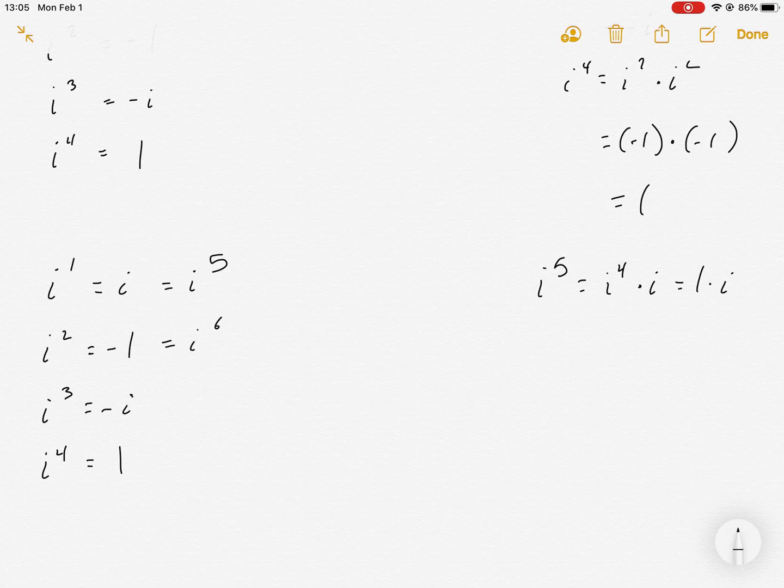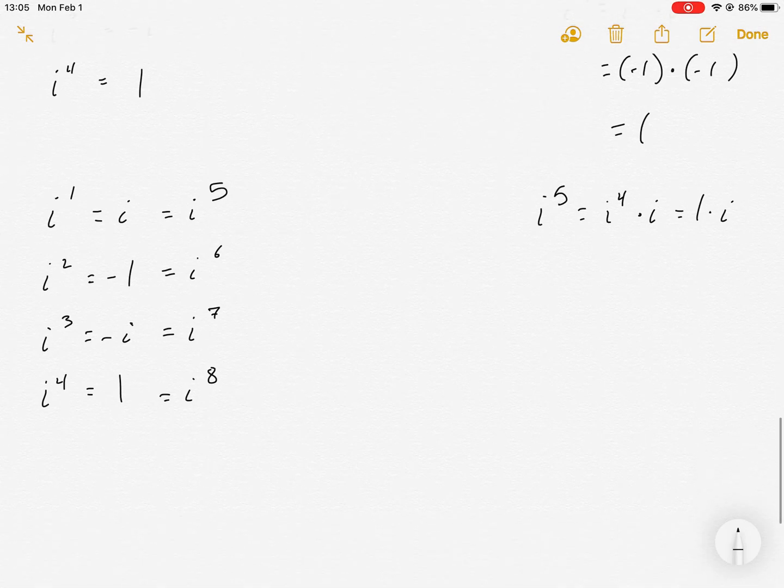And then you can prove this process by continuing my work off to the side there. And this actually just keeps continuing, right?